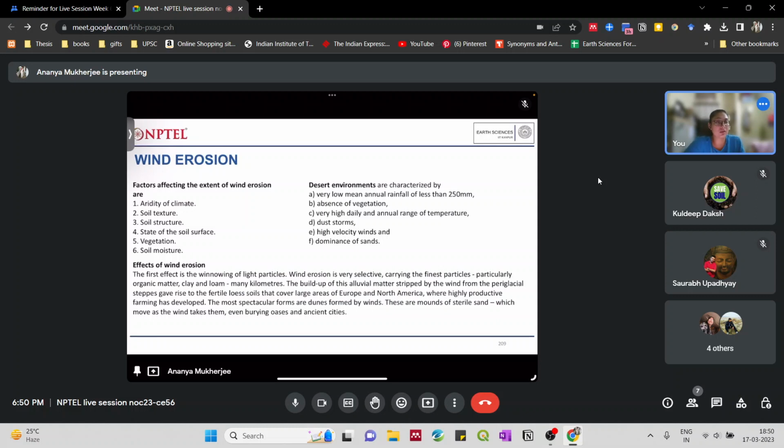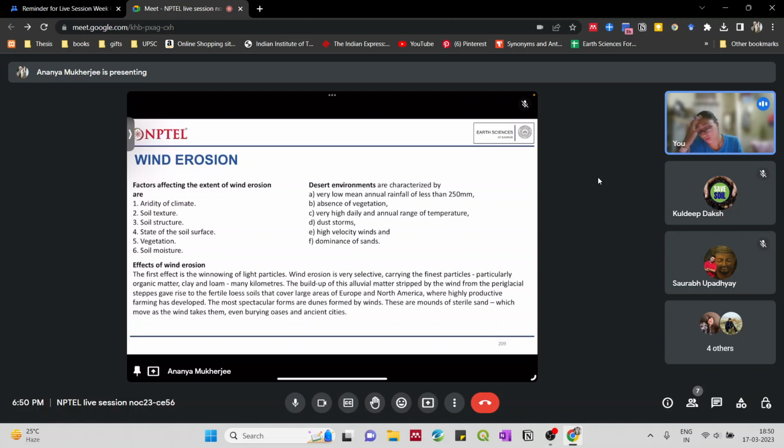And these dunes can be large enough to bury places, also your oasis, and also ancient cities, some civilizations, due to the involvement of tectonics in that area, or a change in the wind blowing patterns over there.